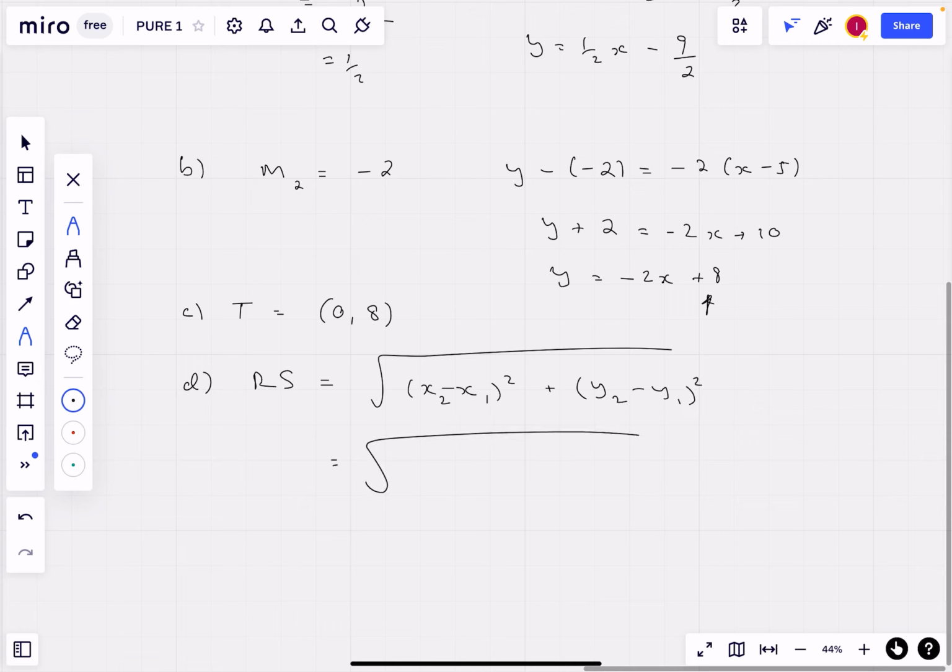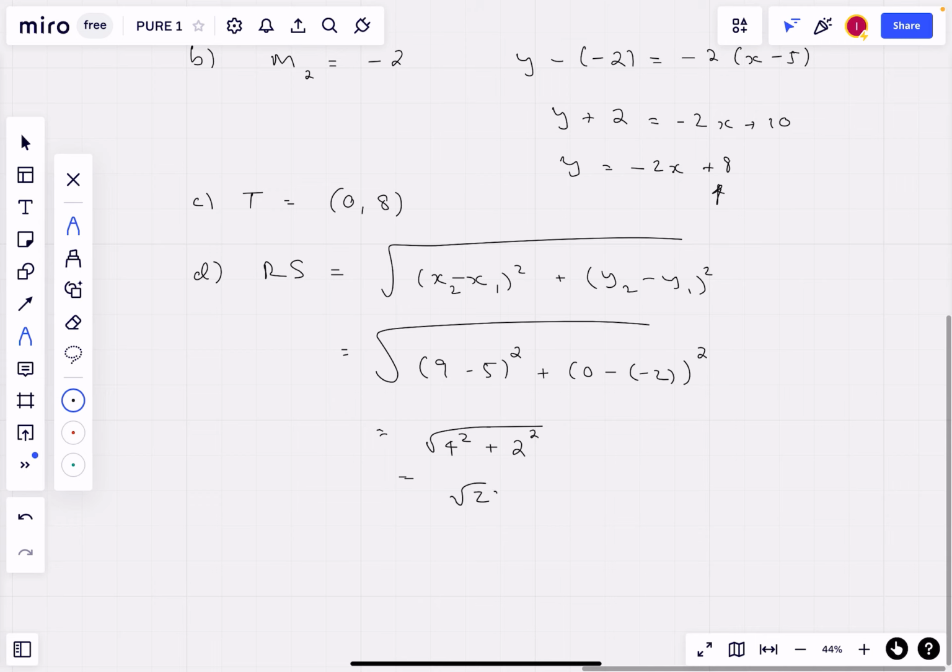So that's going to be 9 minus 5 squared plus 0 minus minus 2 squared, which is the same as 4 squared plus 2 squared, which is root 20, which is root 4 times root 5, so 2 root 5.